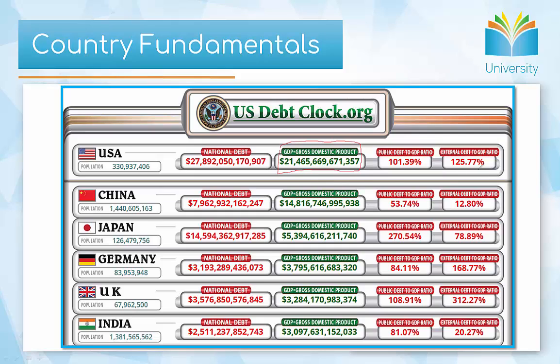And then you've got the debt to GDP ratios. The US is running at 125% debt to GDP. Well, Germany's at 168%. The UK's at 312%. Japan, if we come over here, public debt to GDP ratio at 270%. For the longest time, Japan has been essentially the leader in printing money and devaluing their currency.